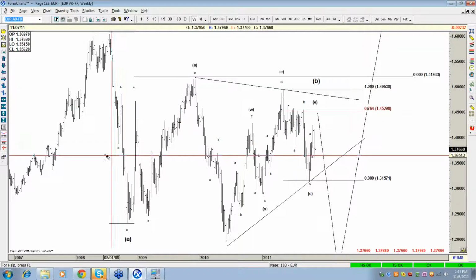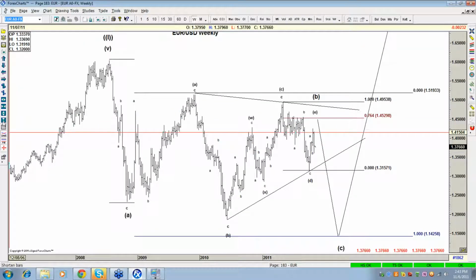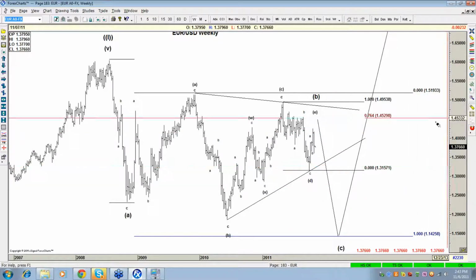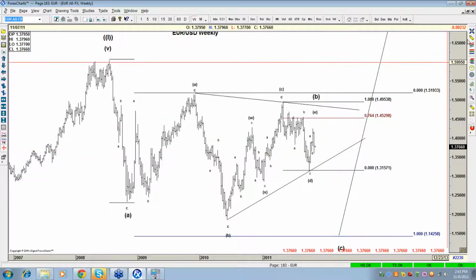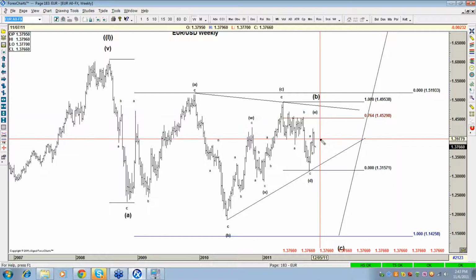I believe that this is the scenario that is playing out on the euro. Look, right now it's 37.66. So if that scenario is the one playing out, most likely we're going to see this on the euro.